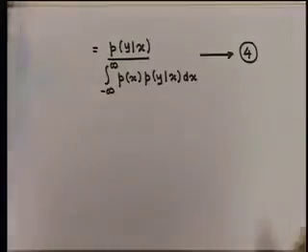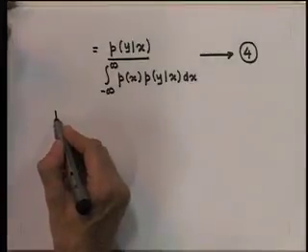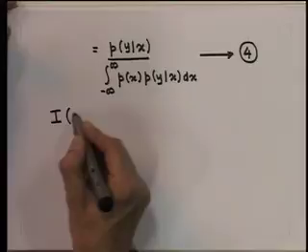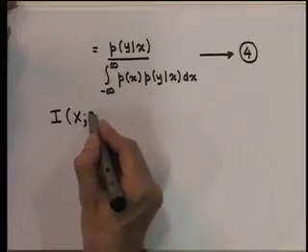Now, we know that mutual information by definition is given as follows.